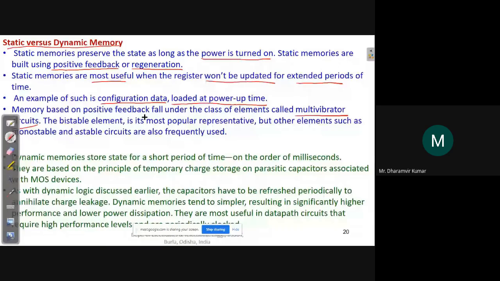Out of these, the bistable multi-vibrator is the most popular representative. But other elements such as monostable and astable circuits are also used frequently for other applications. As long as the memory part is there, this is the most popular multi-vibrator which would be used here.